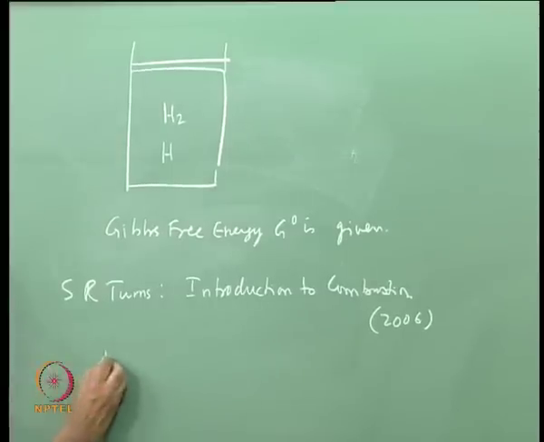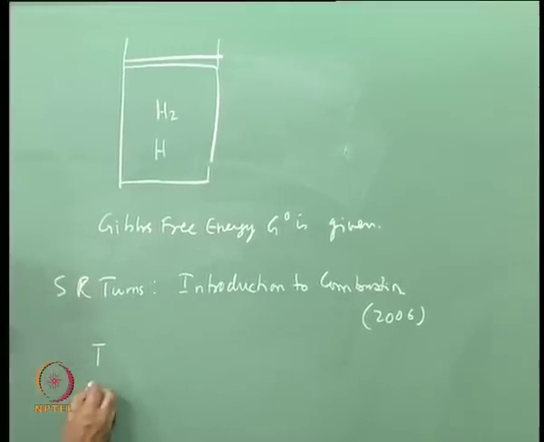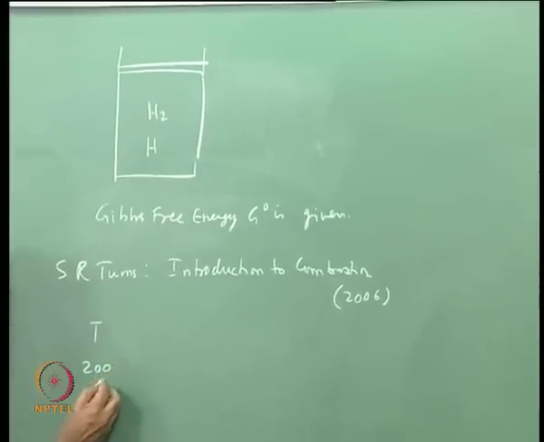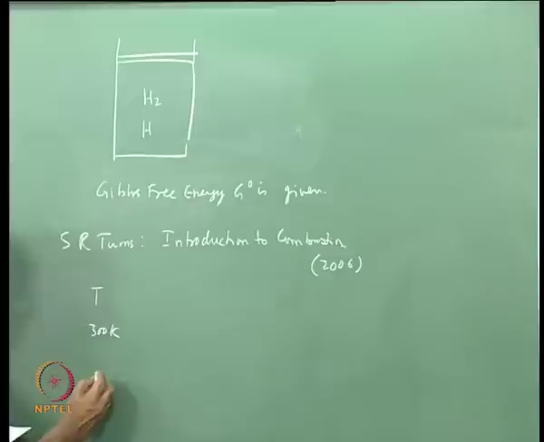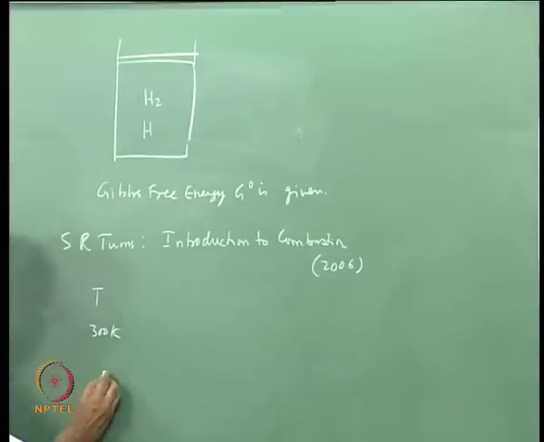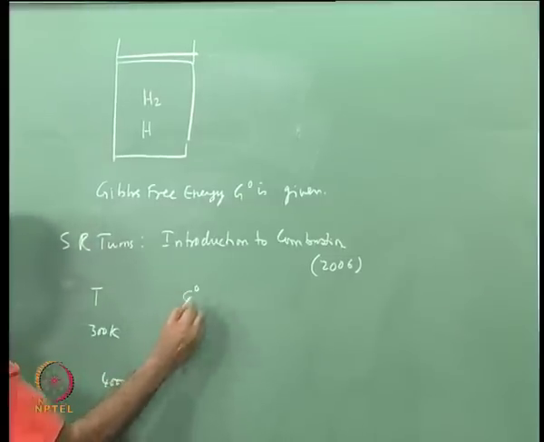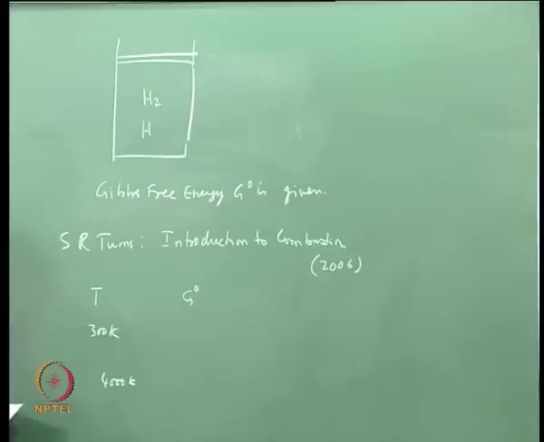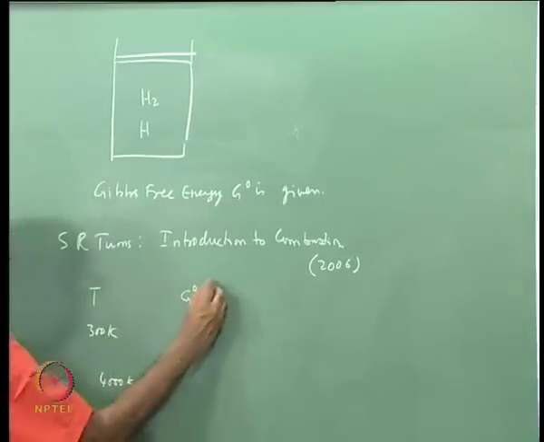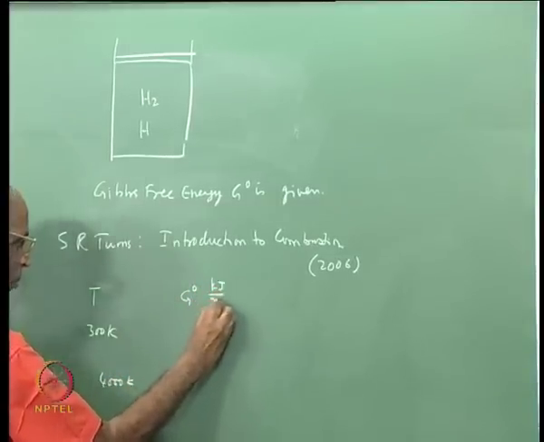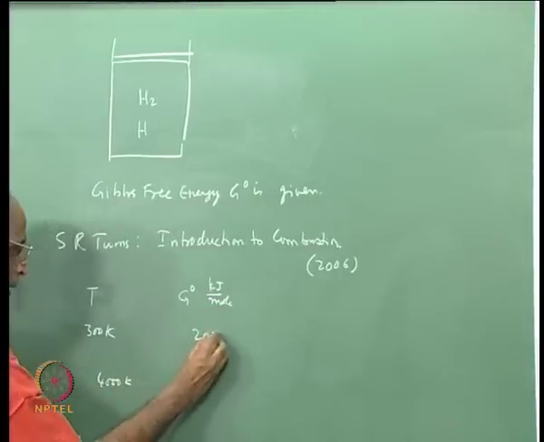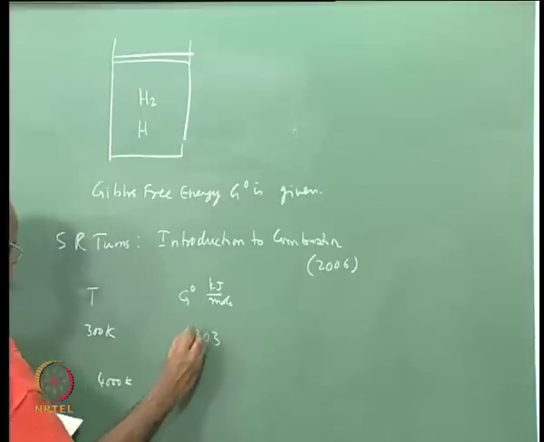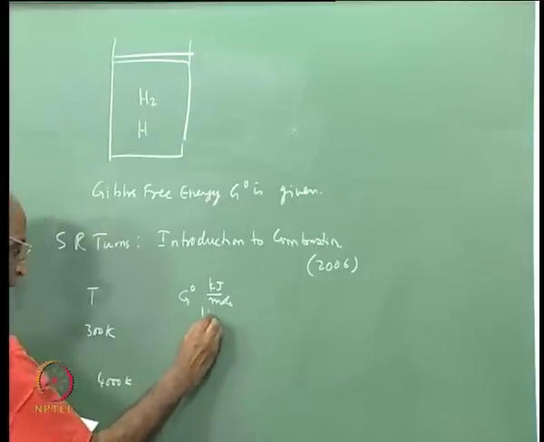If we are going to look at temperature, I will just take two values: let us say 300 Kelvin and 4000 Kelvin. The value of G naught, the standard Gibbs free energy, at 300 is given in kilojoule per mole as 203 for the hydrogen atom.